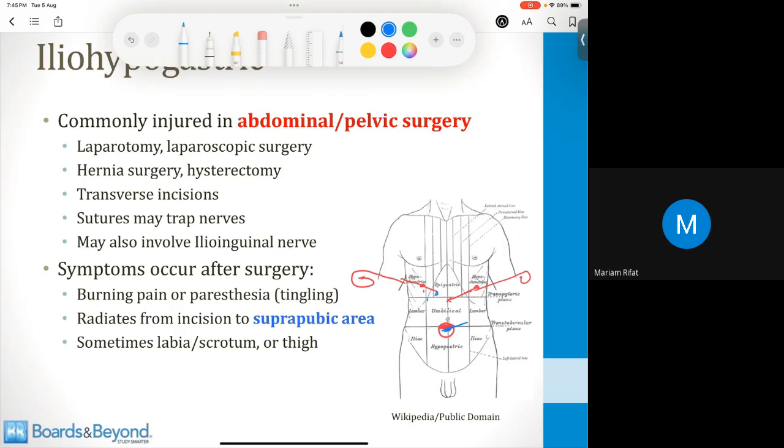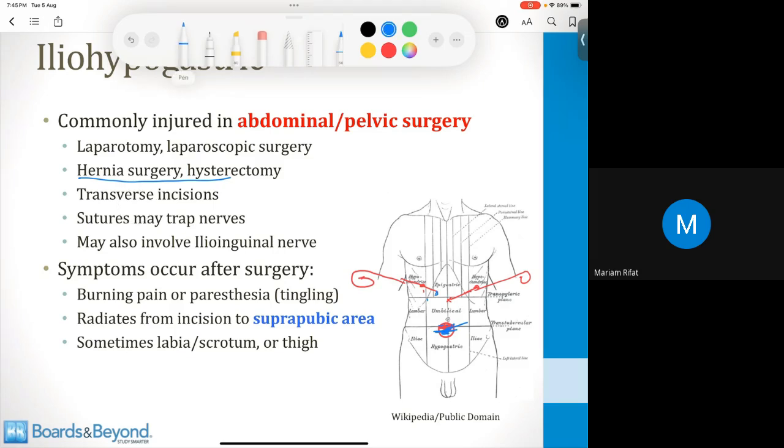So it can lead to damage or impingement of the iliohypogastric nerve. For example, if you are taking stitches after the surgery, they can impinge this nerve. Similarly, hernia surgery and hysterectomy, for example if a female has ovarian cancer and hysterectomy is indicated, can also lead to problems in this nerve because we are cutting the abdomen at this part.